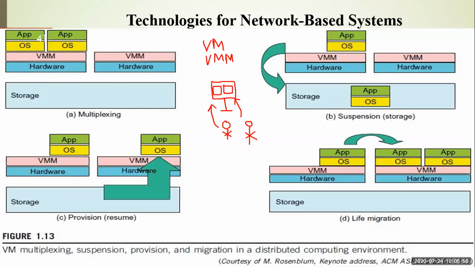The first one is called virtual machine multiplexing. In the bottom level, you have storage, like your hard disk, which is your permanent storage, or you have some hardware in your physical machine. Above the hardware, we create the virtual machine monitor.